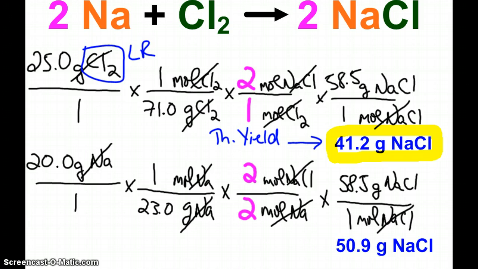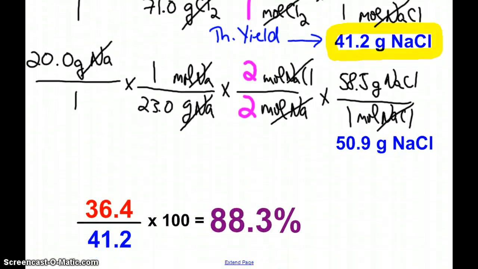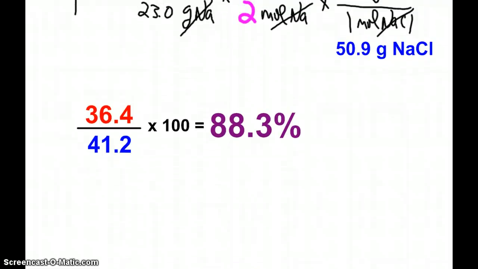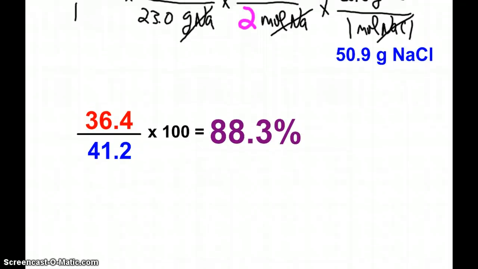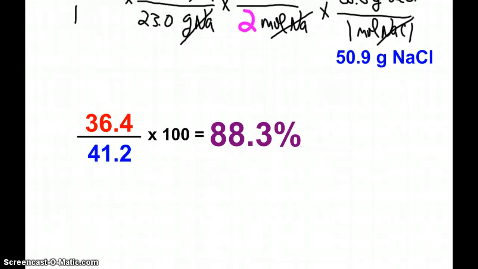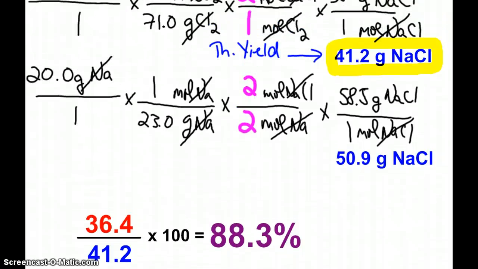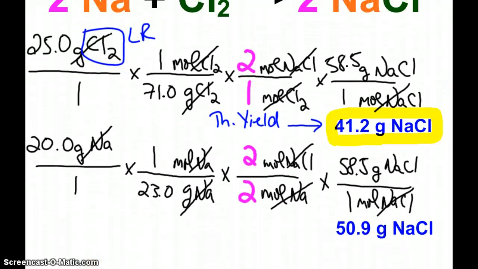The question says 36.4 grams forms. So you can see my percent yield is 36.4 divided by the 41.2 that I calculated times 100 is 88.3. So that is how I got that answer for this limiting reactant question.